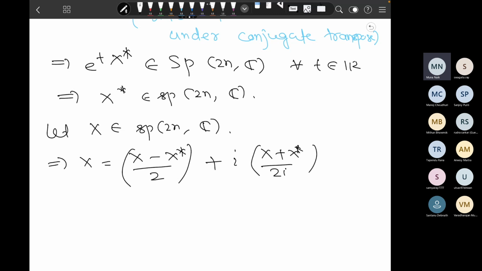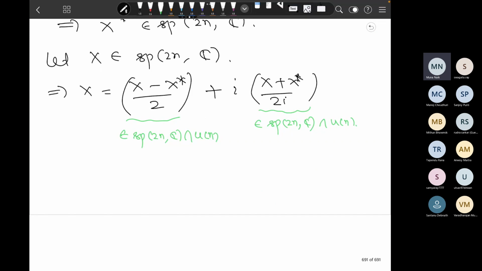Now since X star belongs to sp(2n,C) and X also belongs to sp(2n,C), this belongs to sp(2n,C), and this factor also belongs to sp(2n,C). Now already this was an element of u(n), so this belongs to sp(2n,C). We know that, sorry, this is not U(N), this is U(2N). So this is a 2N cross 2N matrix.